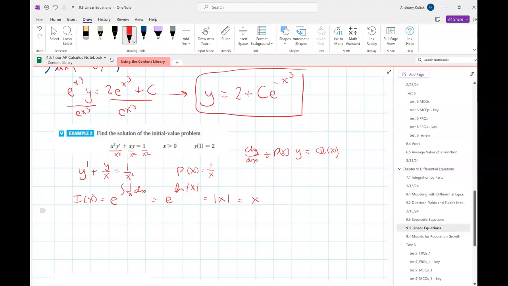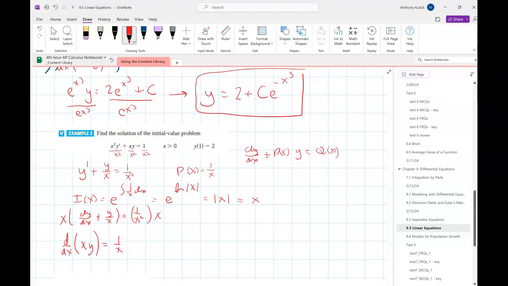All right, so I'm going to multiply both sides by my integrating factor. The left-hand side just turns into the derivative of my integrating factor times y.